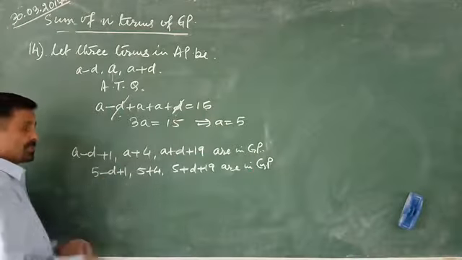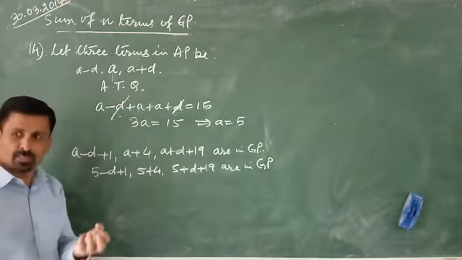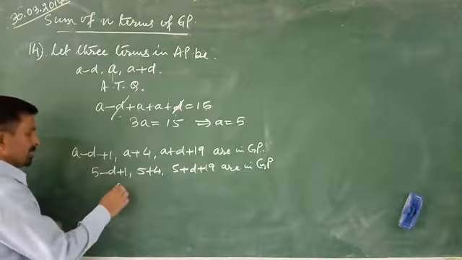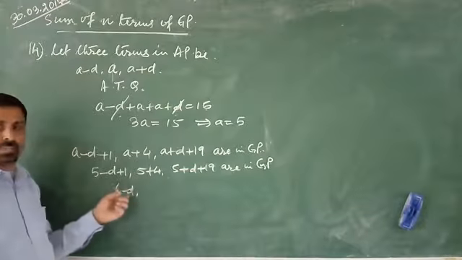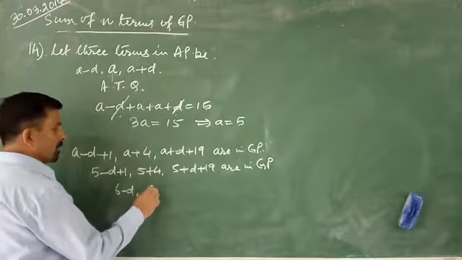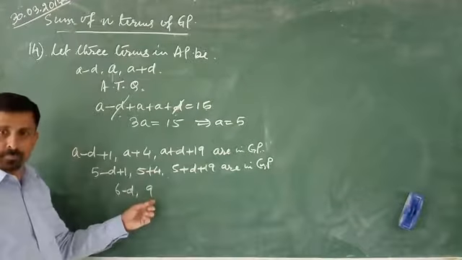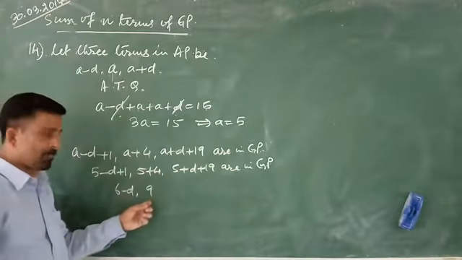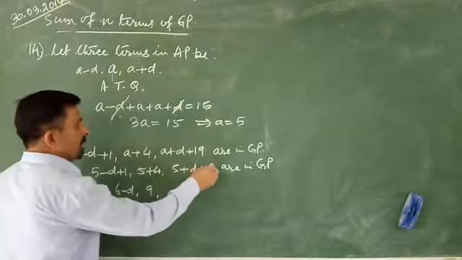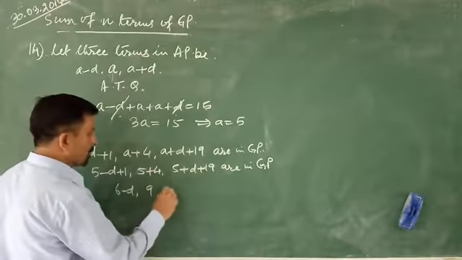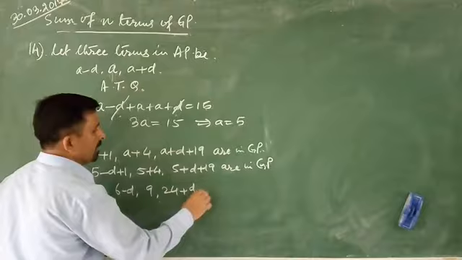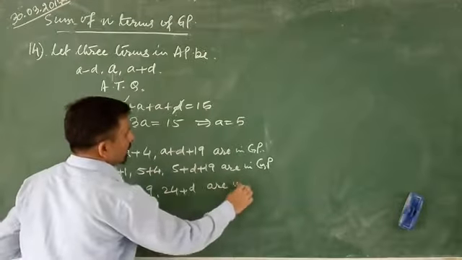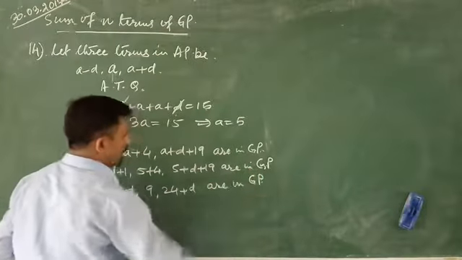As a result, the terms will become small. 5 plus 1, 6. 6 minus D. This became your first term of the GP. 5 plus 4, 9. Now this became the second term of the GP. And then the third one is 5 plus 19, 24. 24 plus D. And now still they are in GP.